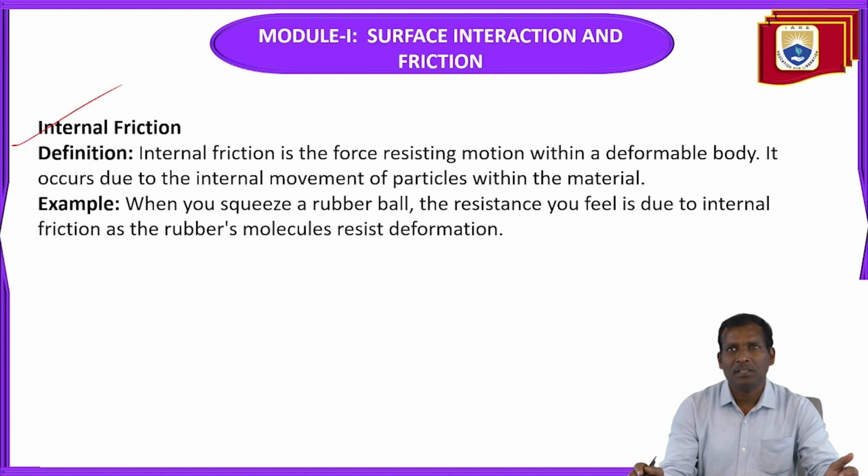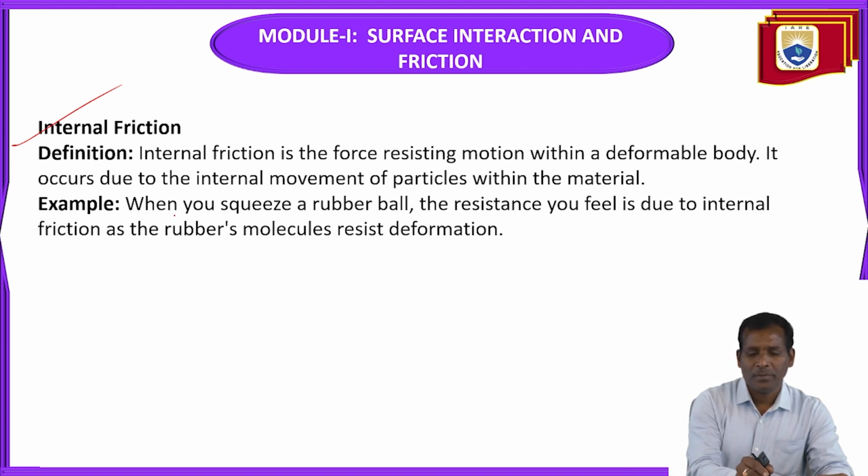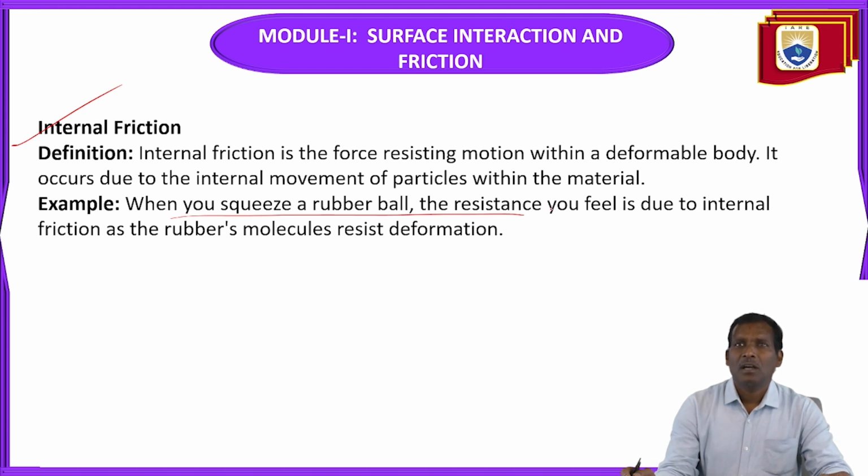Whenever a force is acting on this body, some particles move internally within the material. Due to this movement, internal friction will be developed. Example: when you squeeze a rubber ball, the resistance you feel is due to internal friction, as the rubber's molecules resist deformation.